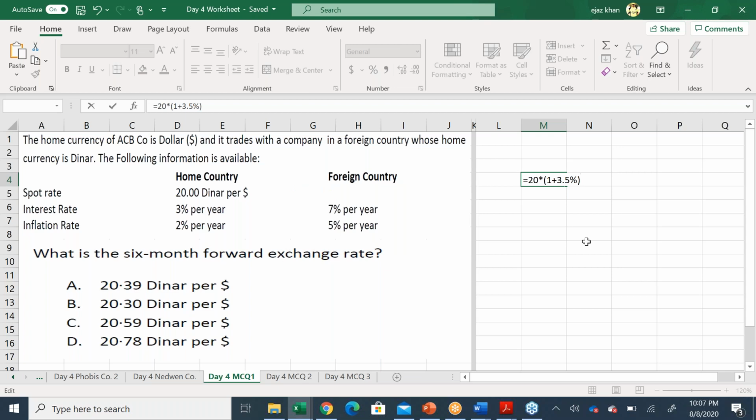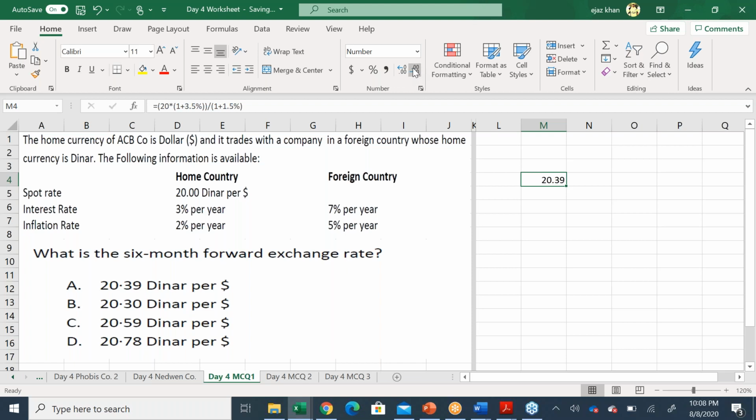3.5%. So this is a very common mistake that most students will make. In haste or in exam pressure, they will just write 7%. So it's 3.5% divided by 1 plus the other rate, which is 3%, and half of 3 will be 1.5%. 20 point, up to 2 decimal places, it's 20.39 dinar per dollar.